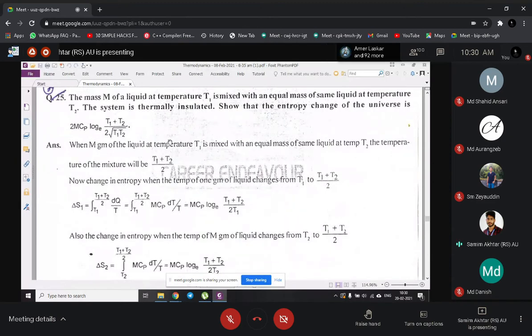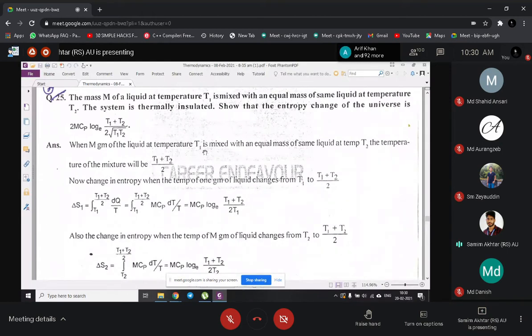Suppose you have two reservoirs, and you add them. So what is the temperature of the mixture or final reservoir? It is basically (T1 plus T2) by 2, right?